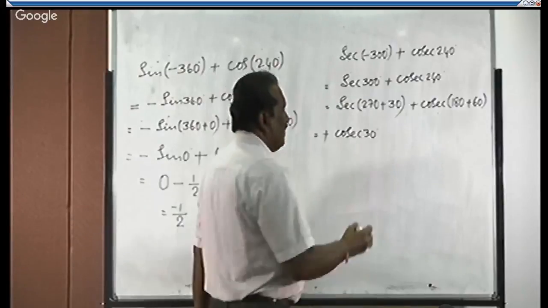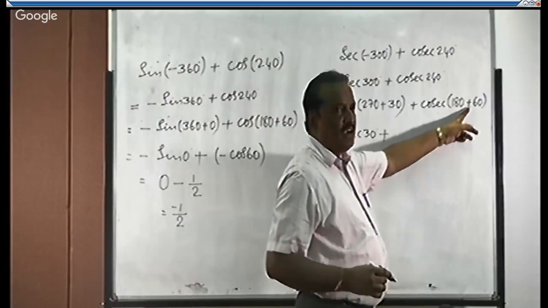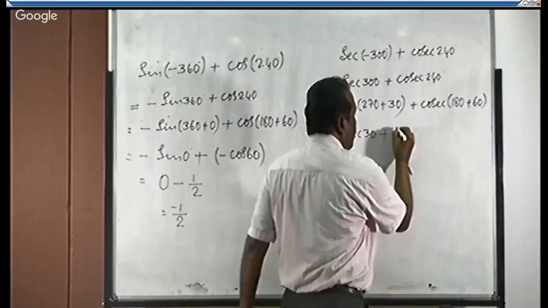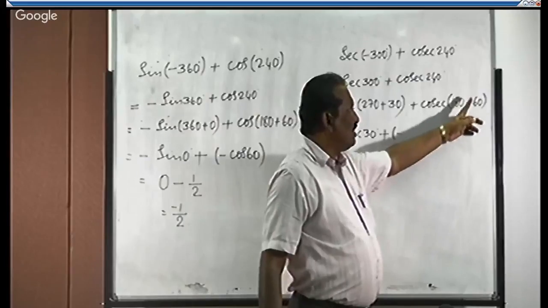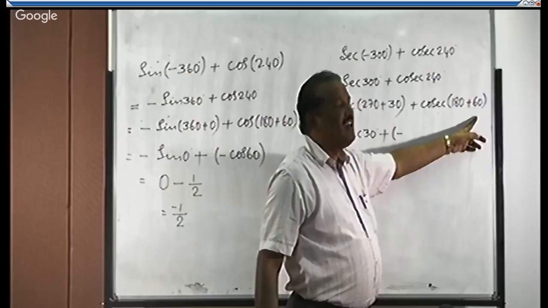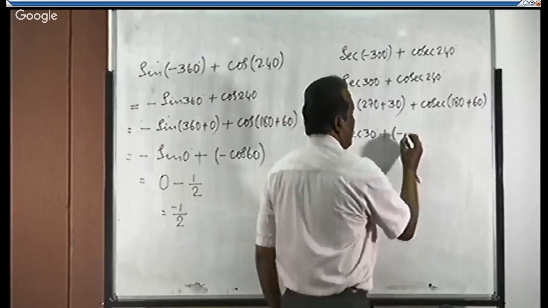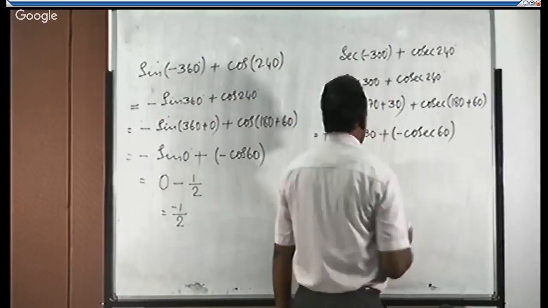Right? Then plus 180 plus theta coming under third quadrant. In the third quadrant, cosecant is negative. For 180 plus theta, the same trigonometric function results on the right side. So cosecant is there. We write cosecant theta. In the place of theta, it is 60.